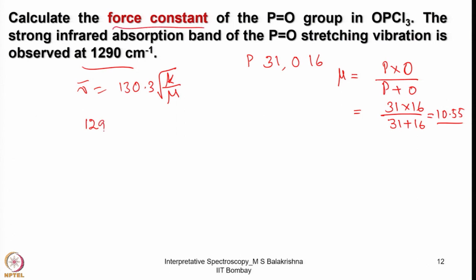So 1290 equals 130.3 into square root of K over 10.55, where K is the unknown entity. To obtain this, we can square the entire expression so that we remove the square root.